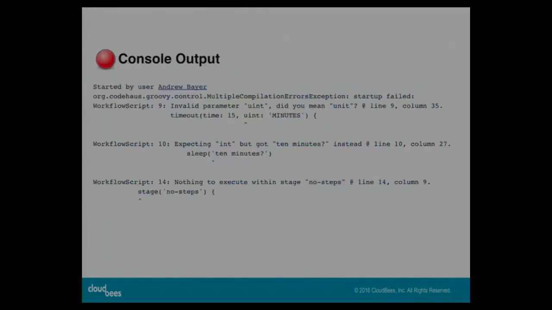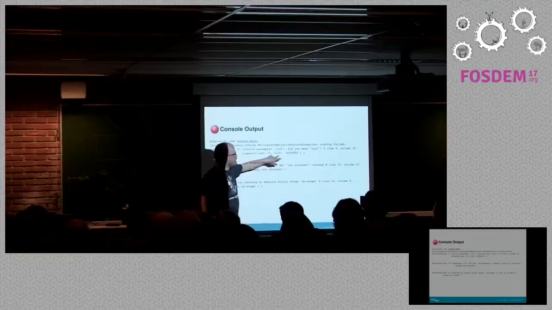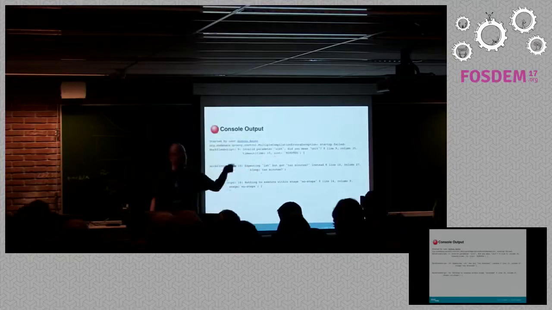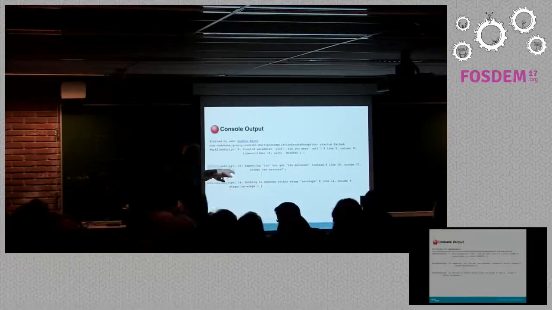So my apologies for this text size, but here I got an error saying invalid parameter uint, did you mean unit? Because I did the timeout step and I got time right. That's an existing thing. 15 is the right type. Uint, minutes. Wait, no, uint, no, I meant unit. Okay, so it's telling me what I did wrong, where I did wrong, and giving me an idea of how to make it right.